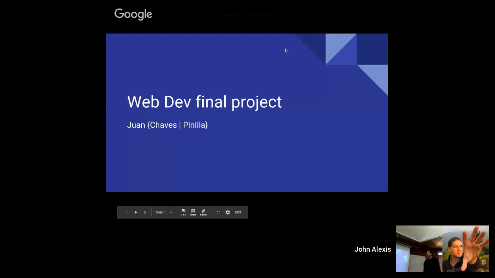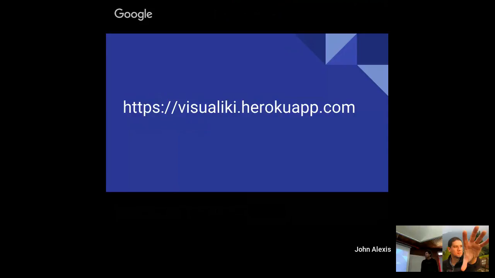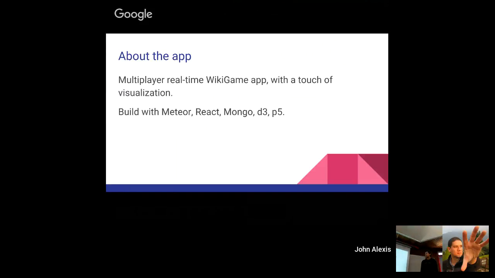Also, good morning. Our name is Mark Mambilla, and our final project is called Visualiki. It consists of a multi-layer real-time wiki, inspired by the fact that wikis like Wikipedia are active, right?